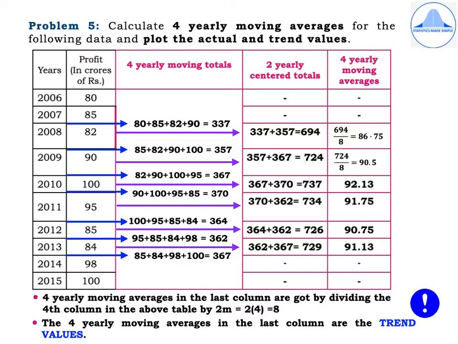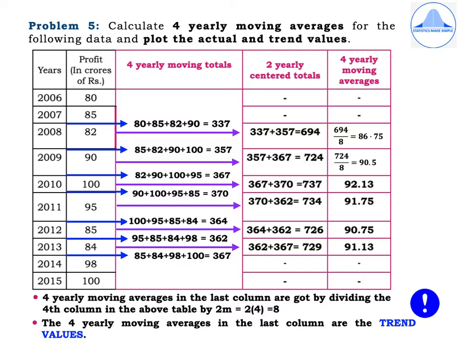Continue in a similar manner and you will get the remaining 4 yearly moving totals as 367, 370, 364, 362, 367, and you'll observe that the first one and the last 4 yearly moving totals will be missing. But the most important point is you have to write the totals in their correct position. Otherwise, you will lose out on the marks.